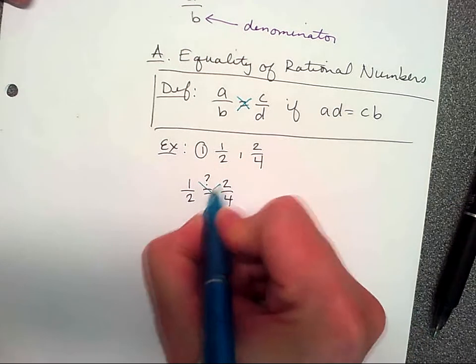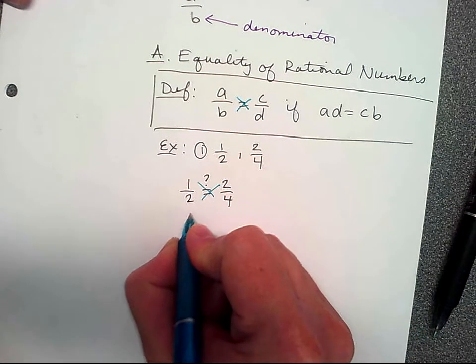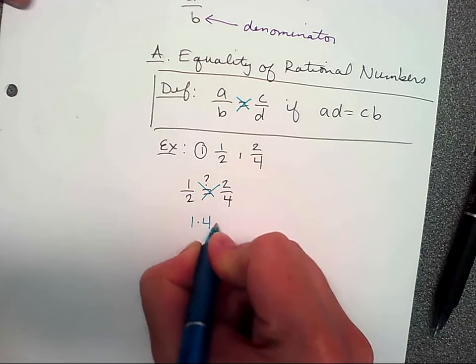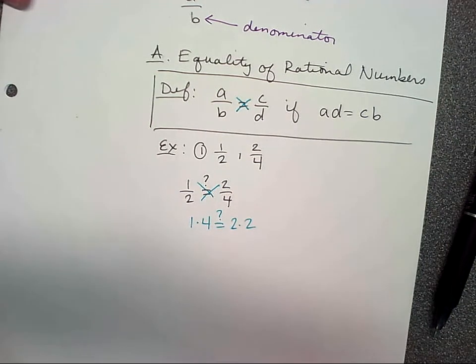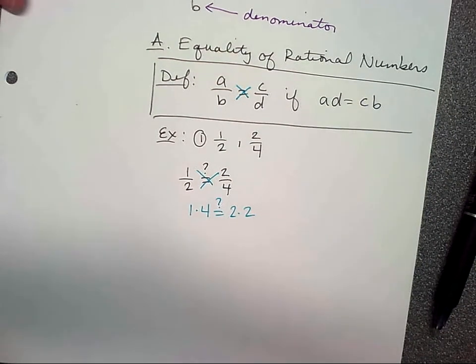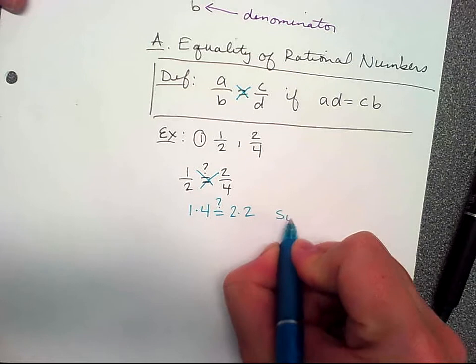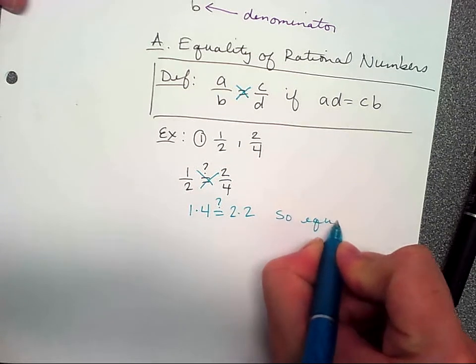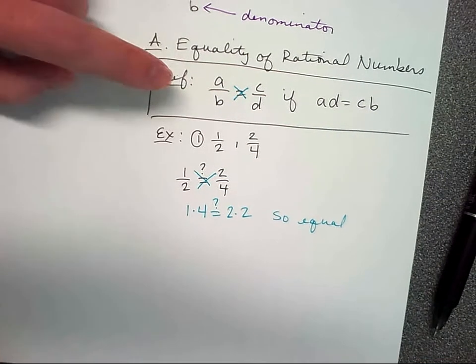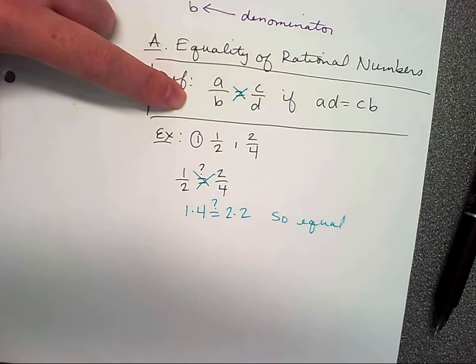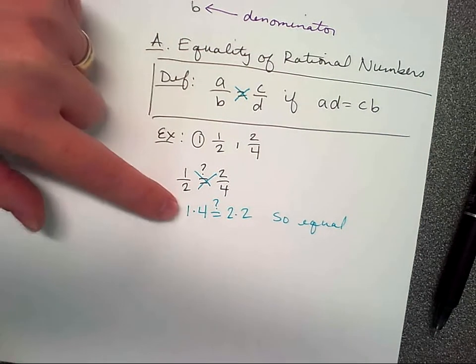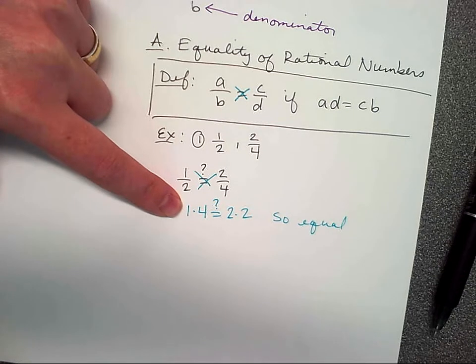In order to test that, we cross multiply. So we have 1 times 4. Does that equal 2 times 2? Yes, so they're equal. This is just putting that idea into letters so that you can apply it to any fractions, right? This you've been doing for a long time.